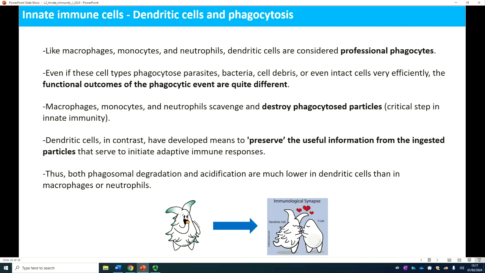And that's actually quite an important role in the innate immune system. But in contrast, the dendritic cells tend to preserve that useful information because their main role is to present it to the adaptive immune response. So in that sense, they're quite good at preserving the material that they ingest. And then they will present that to the T cells.